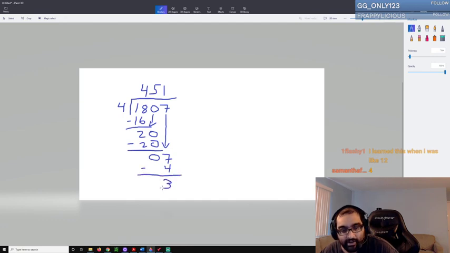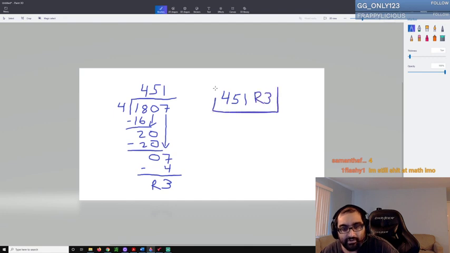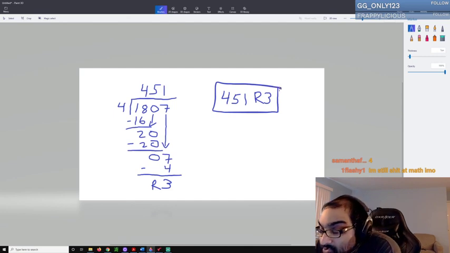We're now going to have a remainder. In this case, we have a remainder of 3. So our final answer here is 451 remainder of 3. This is what we're essentially doing for every single step as we do division.